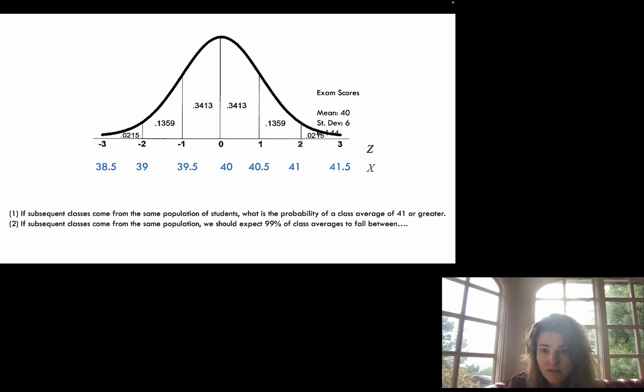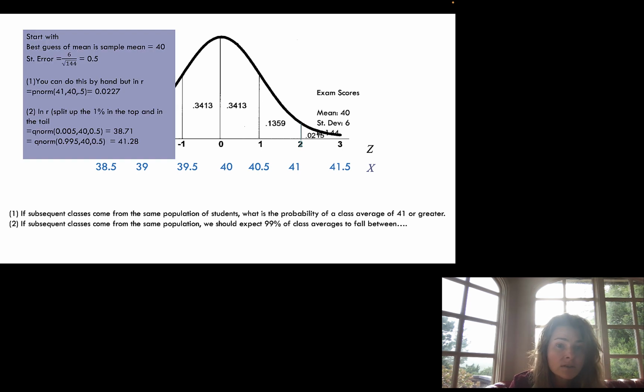All right. So our standard error here is about 0.5, right? That's the standard deviation of 6 divided by the square root of the sample size of 144.